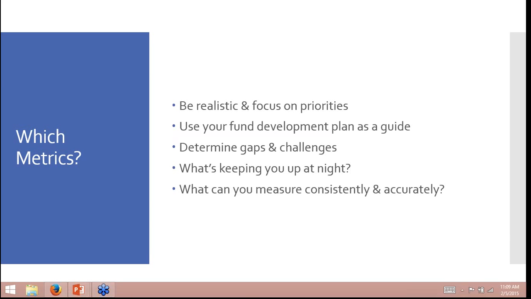So ultimately, when you're deciding which metrics to use, they should be grounded in your fund development plan. And if you don't have a fund development plan, use today as a way to start thinking about which metrics you want to use, and then help jumpstart a broader, more detailed fund development planning process. Determine your gaps and challenges.